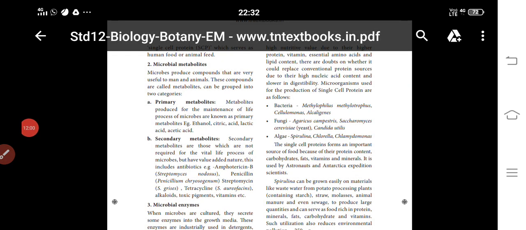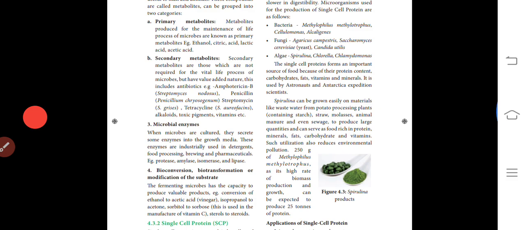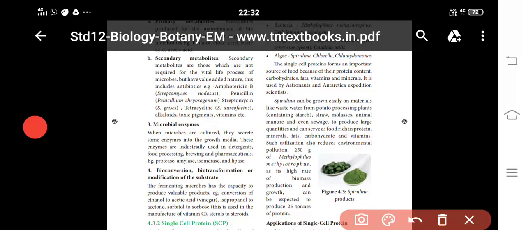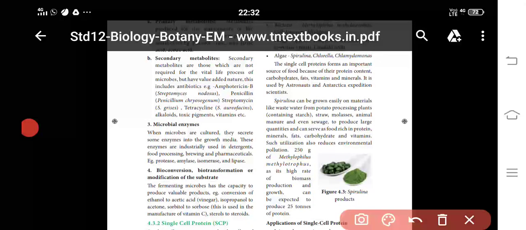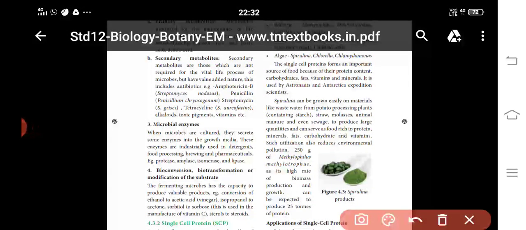So next one is microbial enzymes. When microbes are cultured, they secrete some enzymes into the growth media. These enzymes are industrially used in detergents, food processing, and paramedicals: protease, amylase, isomerase, and lipase. Every day we use detergents containing microbial enzymes. Food processing means bakery, with different varieties of food items like pizza, all based on microbial enzymes.